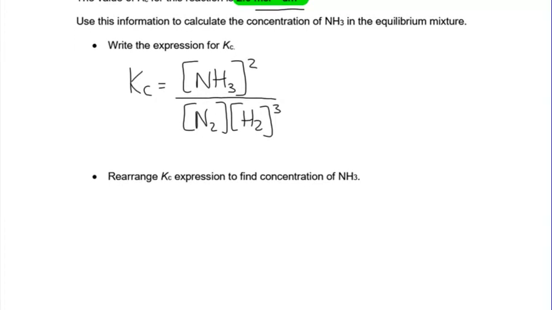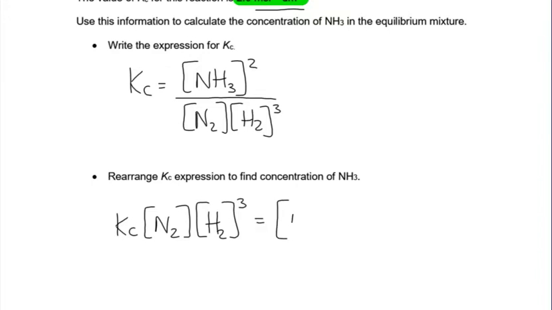The first thing I'm going to do is multiply both sides by the nitrogen concentration and by the hydrogen concentration cubed so that I get rid of it off the bottom line on the right hand side. So I'm going to multiply both sides by the nitrogen concentration and the hydrogen concentration cubed, and that will remove it from underneath that fraction.